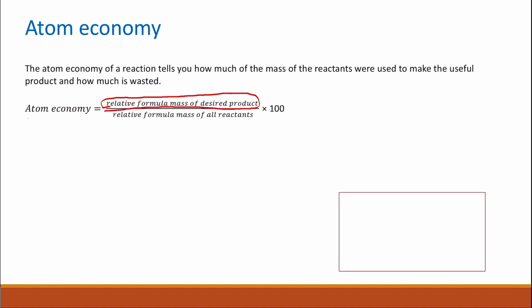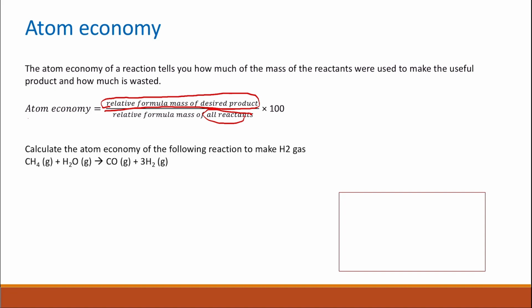If there is more than one, then the total of the desired products, divided by the relative formula mass of all reactants, and then we multiply this by 100. So 100% atom economy means that all the atoms of the reactants were used to make the useful product. This is a quite economic reaction.